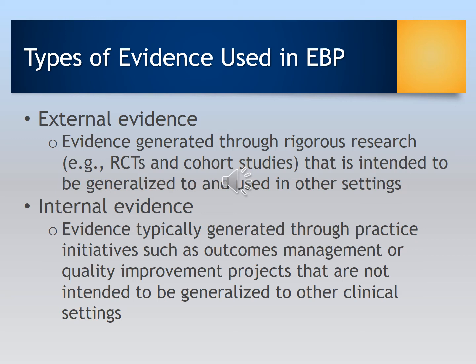And then there is internal evidence, evidence that you might have generated in your own practice setting that was part of a quality improvement. For example, you may have just instituted barcode drug administration, and you did your own quality improvement study to determine whether or not that did indeed in your organization reduce medication errors. So these are the two types of evidence.